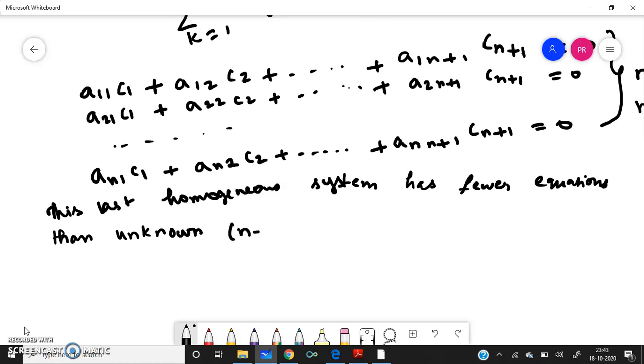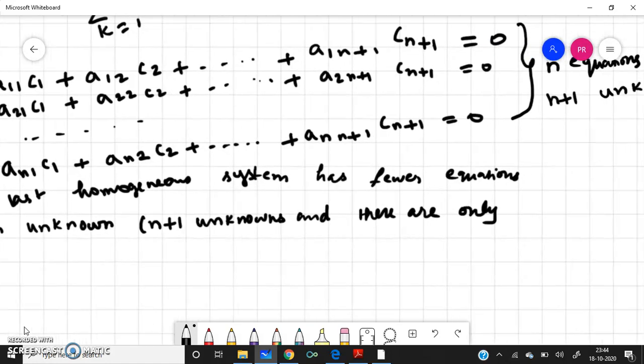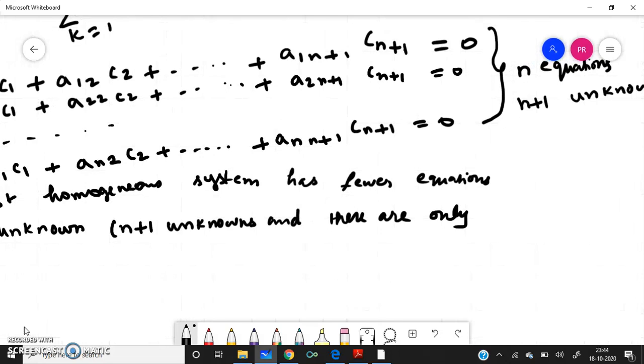How many unknowns are there? n plus 1 unknowns, and there are only how many equations? n equations. There are only n equations.